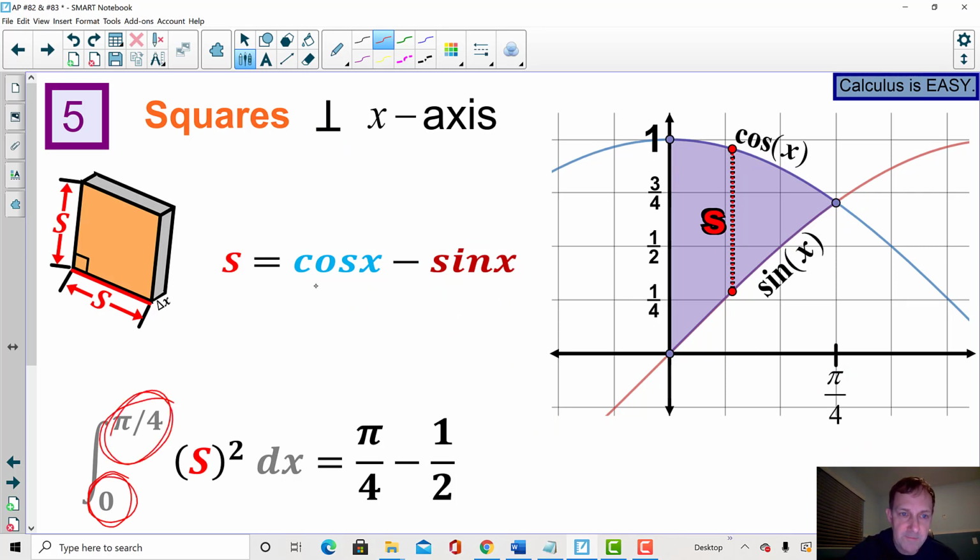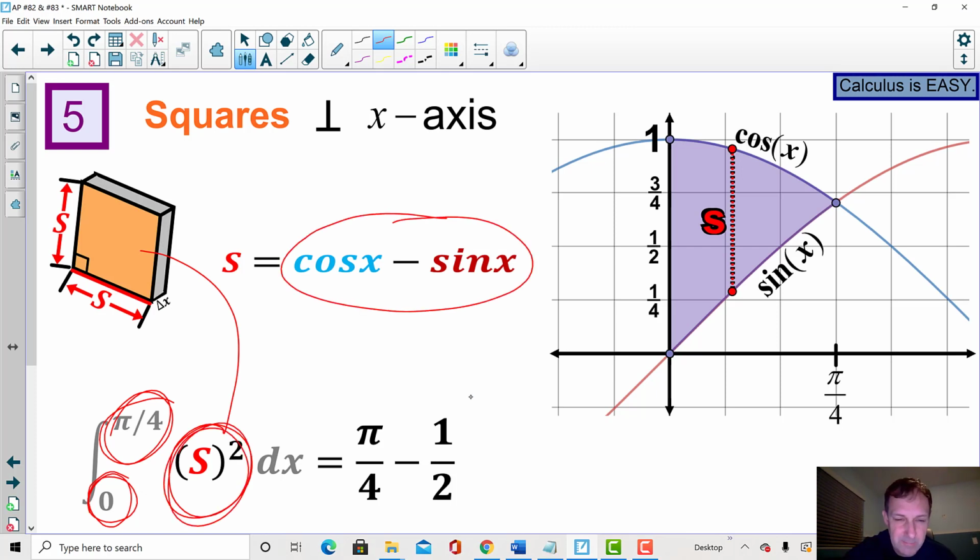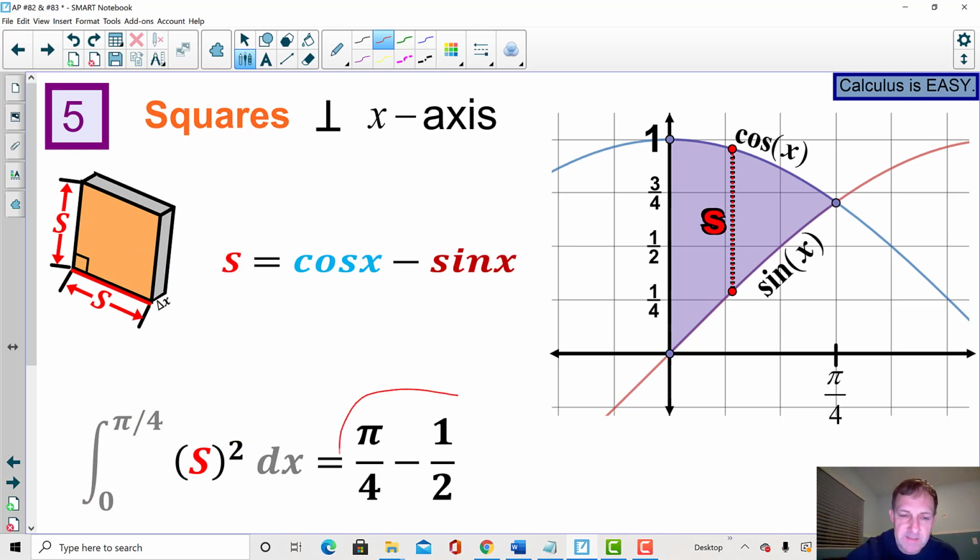And of course, the area for a square is just going to be s squared. We already did our s, so this is actually a pretty easy one. We can write our final answer as pi over 4 minus 1/2. Or you could also write it as a decimal. It's up to you. I prefer to write it as the exact answer as long as it comes out nice. This one wasn't too bad.